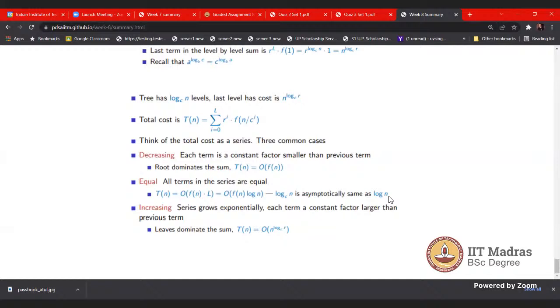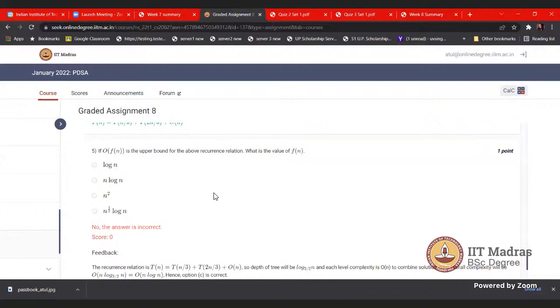But if the series grows exponentially, each term is a constant factor larger than the previous term, then in that case we use this formula. So I think this question is discussed.